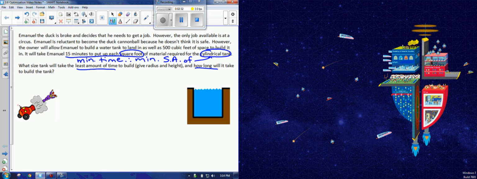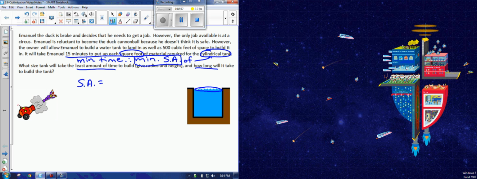Alright, so that's what we want to do. Our goal is to, first of all, minimize surface area, because if we minimize surface area, we're minimizing time. So obviously we would need a formula, just like with related rates, for surface area. So the surface area of a cylinder is the area of the base, and for a cylinder, we're looking at this actually open cylinder.